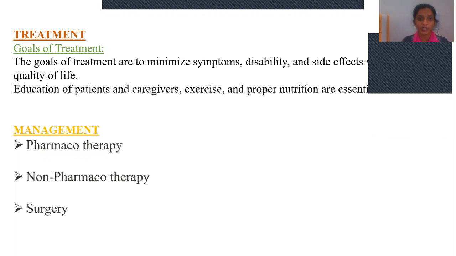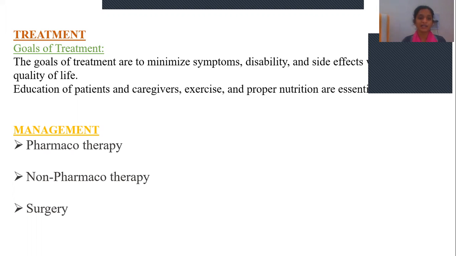We also have to improve the quality of life of the patient, educate the patient regarding their disease and how to overcome these difficulties, and educate the caregivers, providing exercises relevant to them, and proper nutrition. All these were the main goals of treatment.